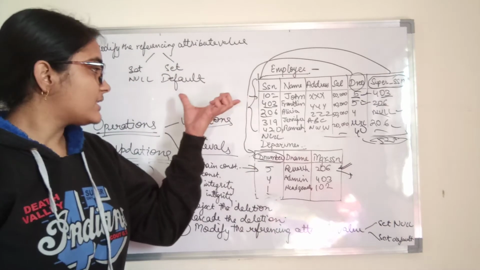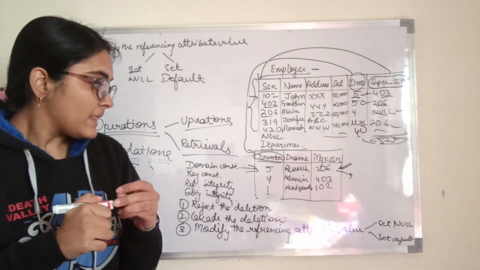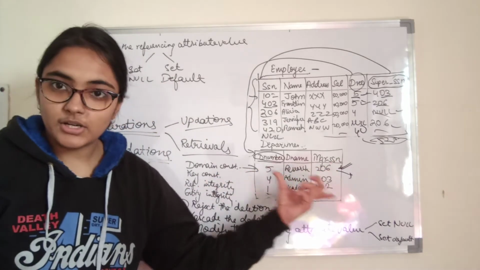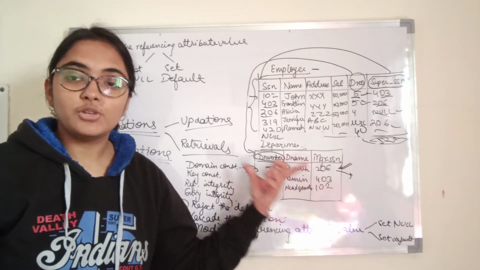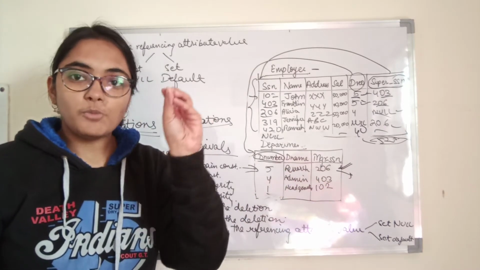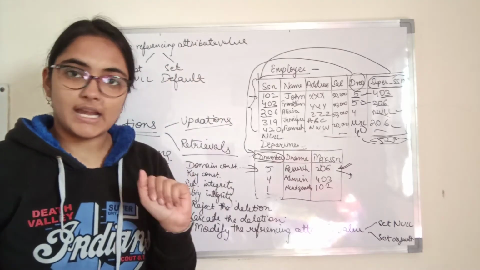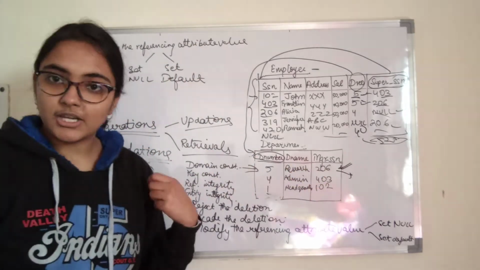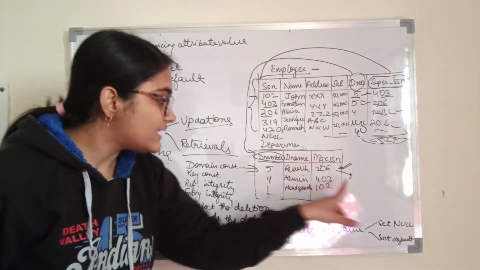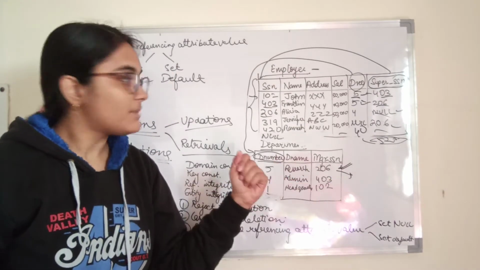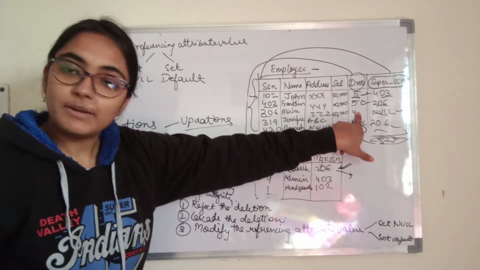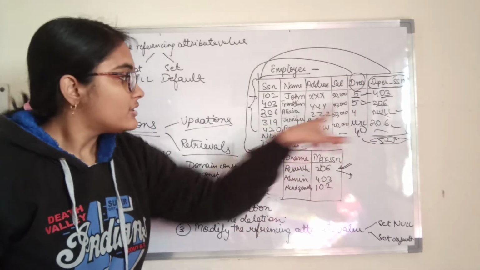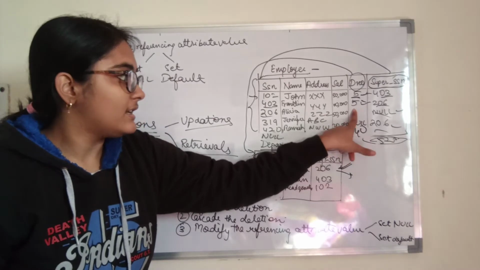So what does this option mean? In case I am deleting this particular tuple, for the tuples that are referring to it, you modify the value of the referencing attribute. If I delete this tuple, then which tuples in this relation are referring to it? This tuple is referring here. So you modify its value.